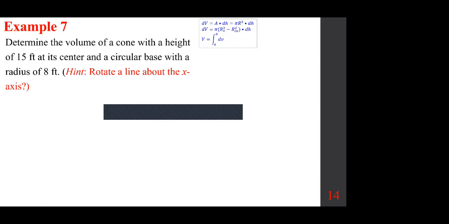Use some line about the x-axis, or you might decide to create a line about the y-axis. I'm going to leave it for you to try. That is also doable.